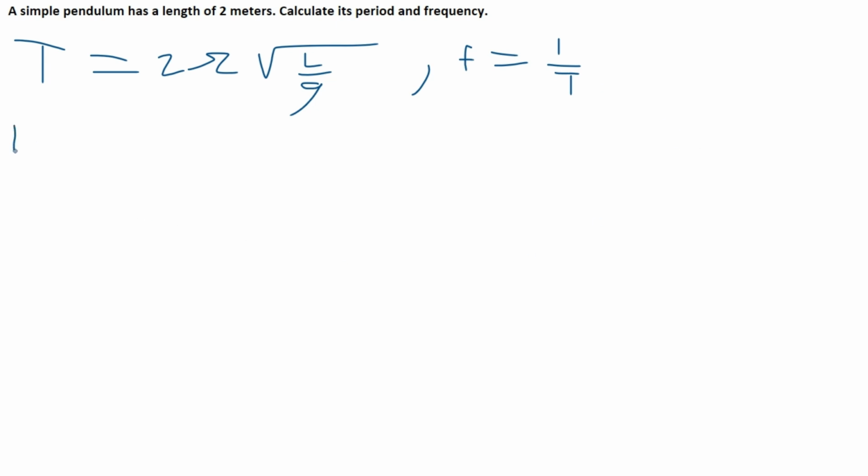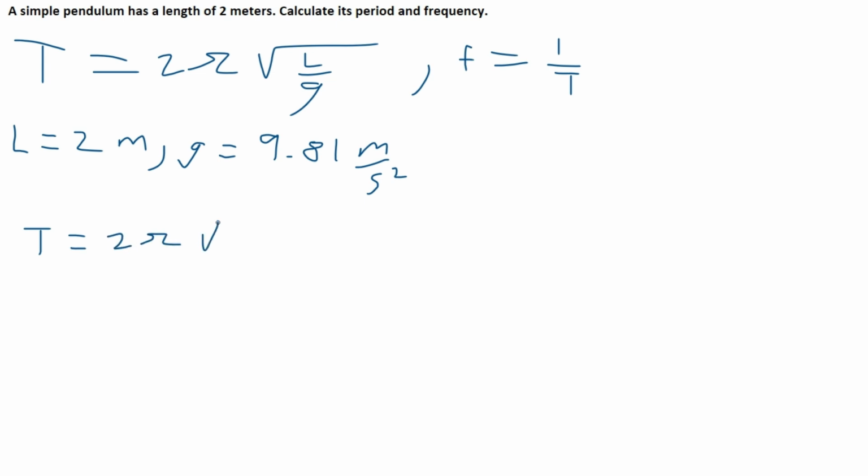So writing out the values we've been given, we know that the length is equal to 2 meters and the acceleration due to gravity on Earth is equal to 9.81 meters per second squared. So plugging our values into the formula for the period, you get that the period is equal to 2 pi multiplied by the square root of 2 meters divided by 9.81 meters per second squared.